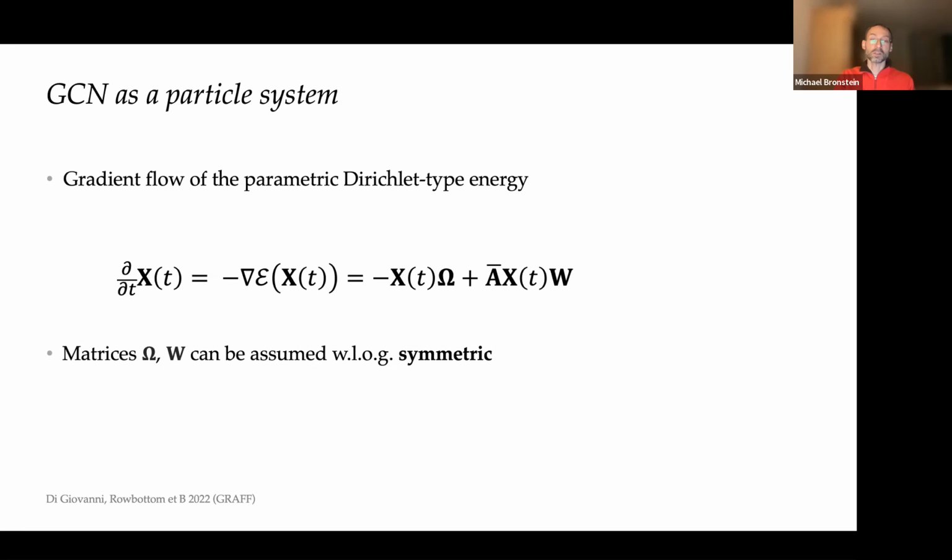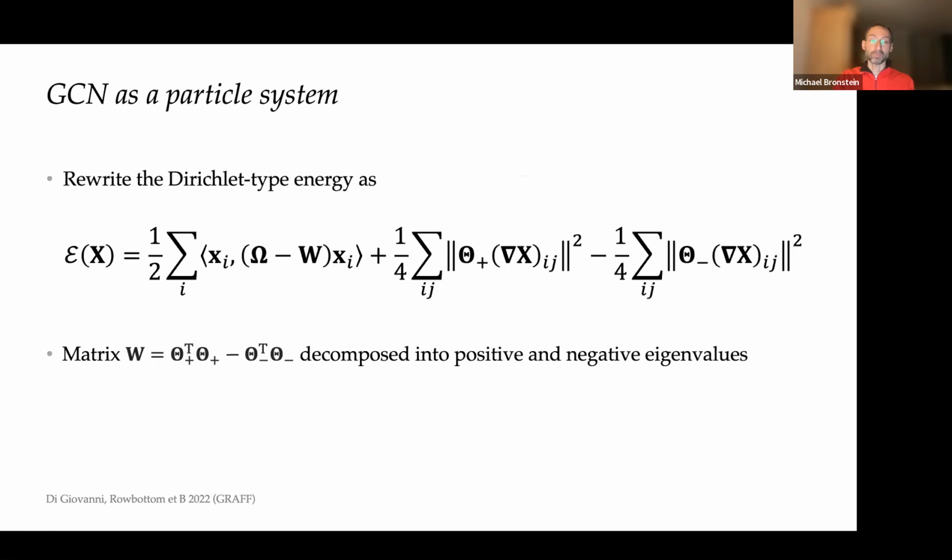So for gradient flow, it's important that the matrices of parameters are symmetric. You can also see that these matrices are independent of time, right? So I have the same omega and W for every time step t. So this is what in deep learning we call weight sharing. So every layer will be parameterized by the same set of parameters. We will not have a different omega and W at every layer.